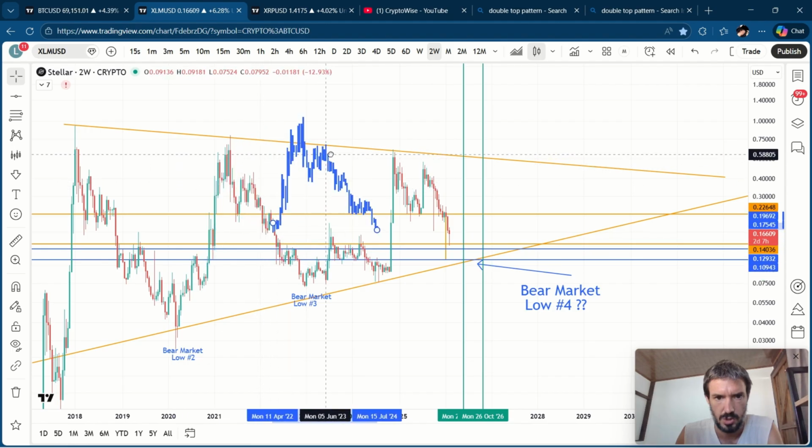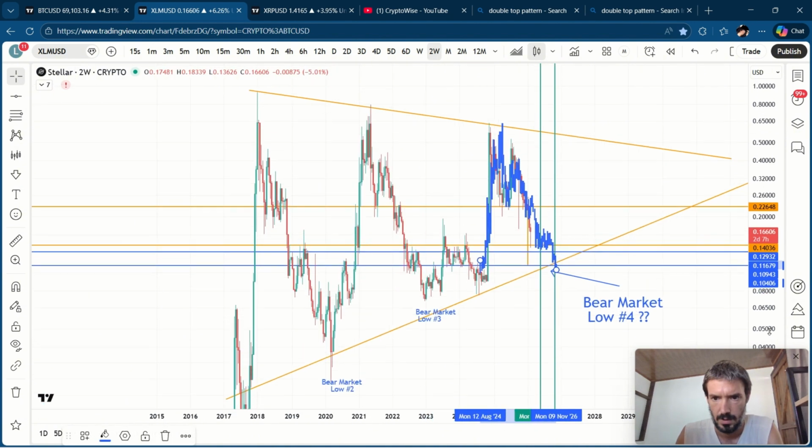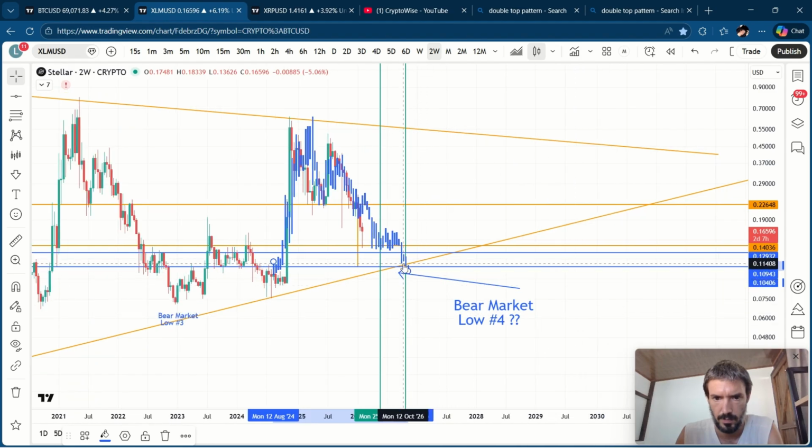And I take this and superimpose it to where we are now. We can see that the target would basically get hit just outside the box.